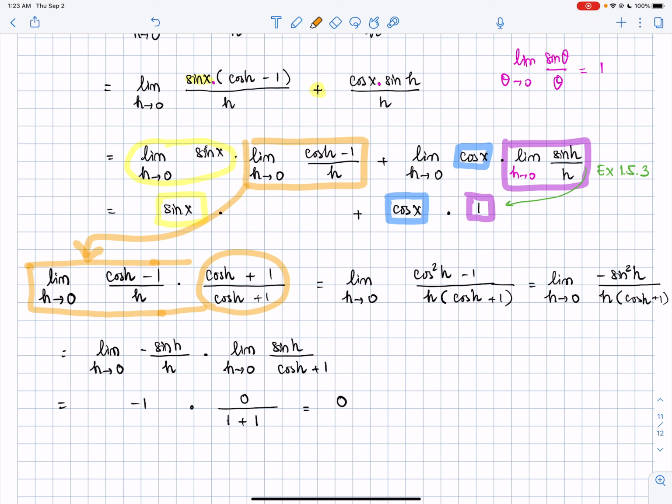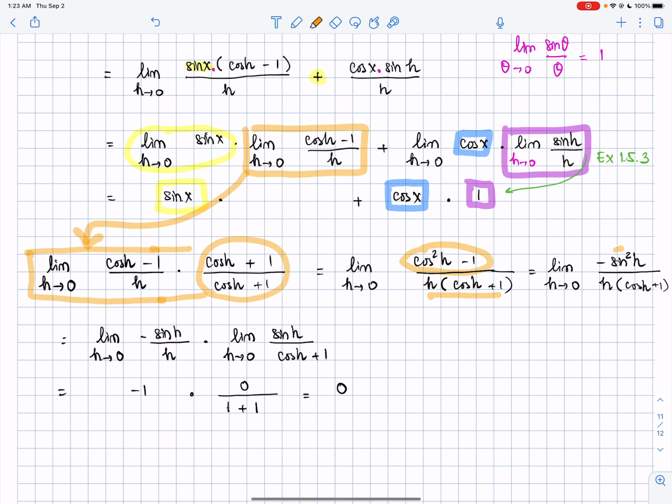Then on the top we get cosine squared of h minus 1, and on the bottom we multiply them together. And we got sine squared of h, because we learned from the identity that cosine squared of u plus sine squared of u equals 1, right? So cosine squared of u minus 1 is equal to negative sine squared of u.